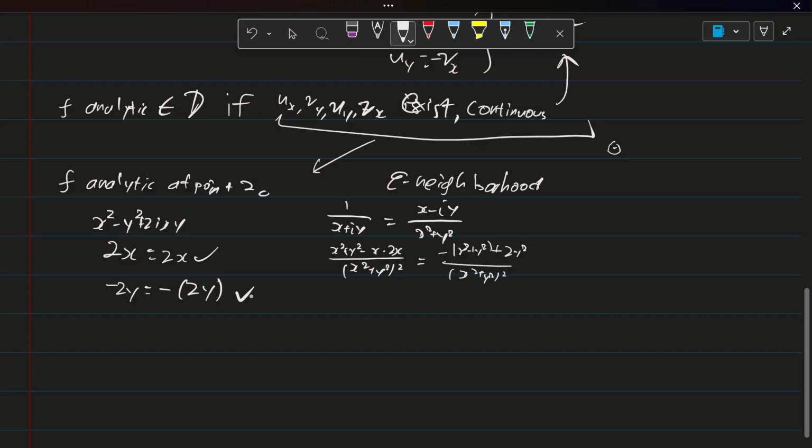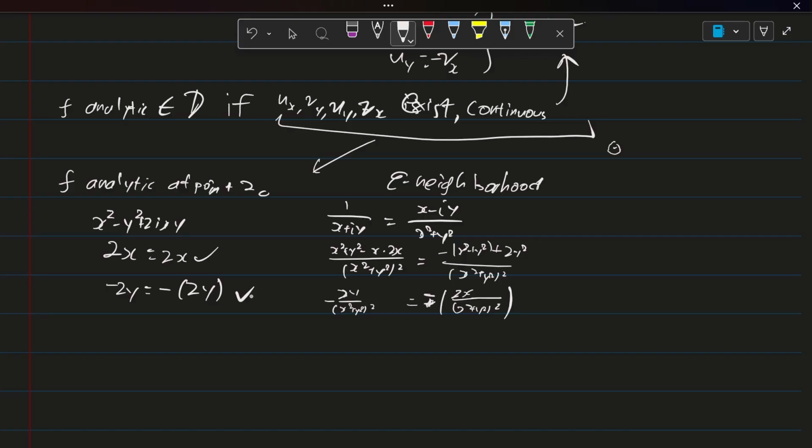For the second equation, it's going to be negative 2y over x squared plus y squared squared, equal to the negative of, at the back, it's going to be the negative at the front, it's going to cancel it, and it will have negative again, so it's still negative, and the back with respect to x, it's going to be 2x over x squared plus y squared, everything squared.